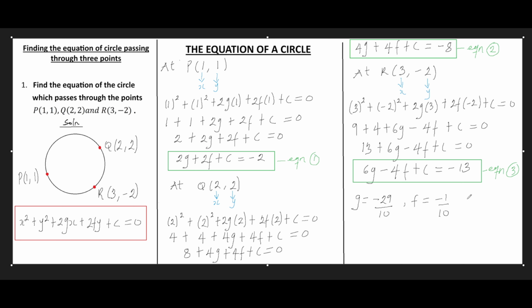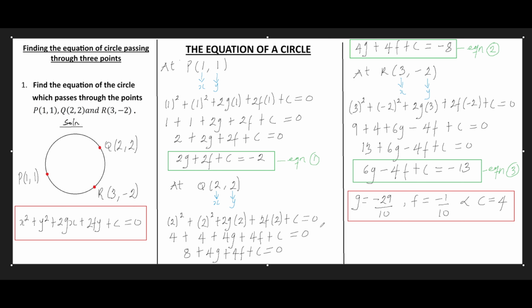And then finally, we have c as 4. So when you solve these three equations simultaneously, this is what you are going to get. G minus 29 on 10, F minus 1 on 10, and then C positive 4. So now we are going to substitute these values of G, F, and C into the general equation of a circle.